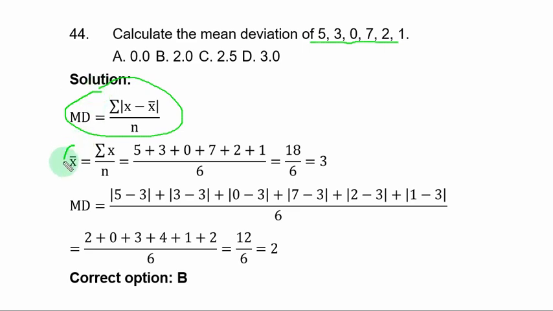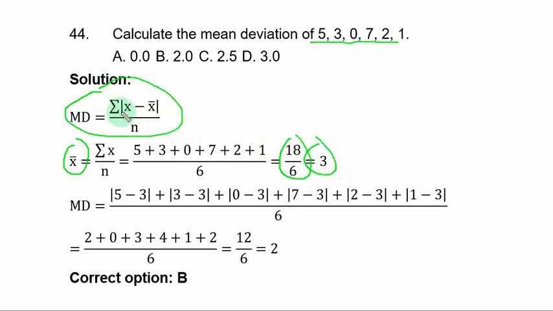So we need S bar first, and S bar is the summation of all the data divided by number of times the data occur. So if you add all the data and they are 6 in number, you have 18 divided by 6, and that gives 3 as a mean.